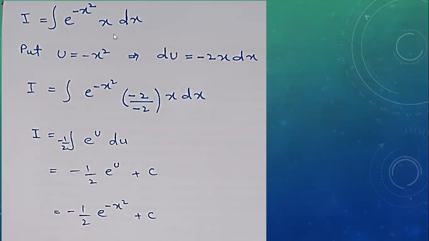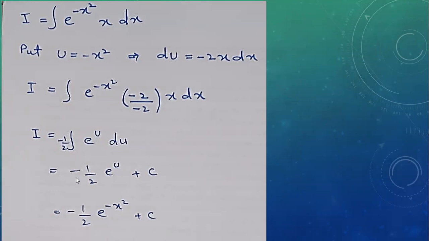If I want to replace this x with u, what I need is minus 2x, but at the moment in this relation, I have just x. So what I can do is multiply and divide by minus 2 in this way. Now I can see minus 2x dx, which can be replaced with du, and this minus x square with u. And this minus 1 by 2 is a constant, so I will take it out here.